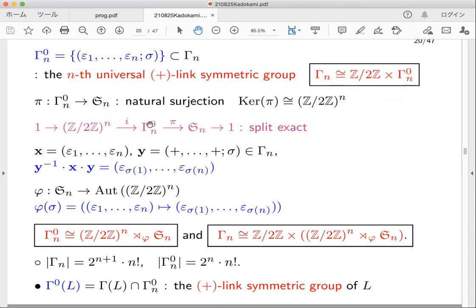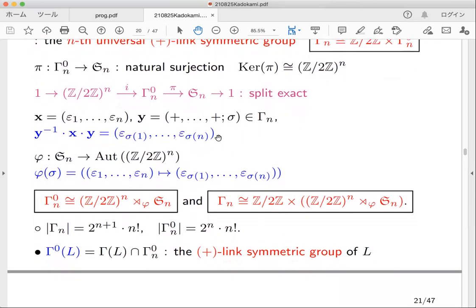And moreover, we have this split exact sequence. So we can determine, by using this exact sequence, a precise group structure of gamma n. Finally, it is twisted by this homomorphism.